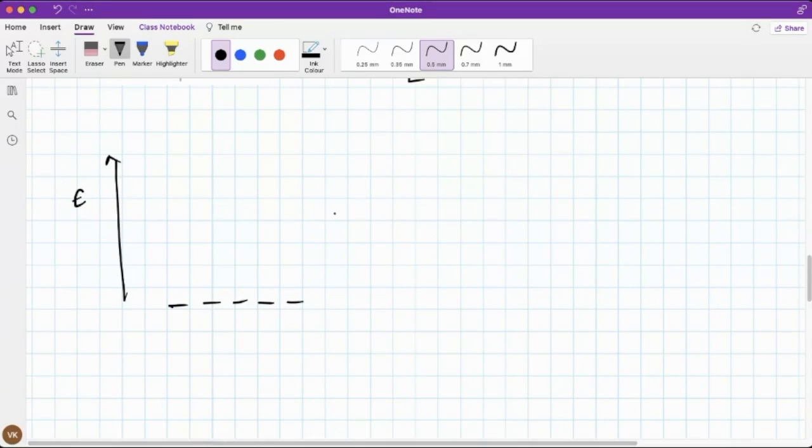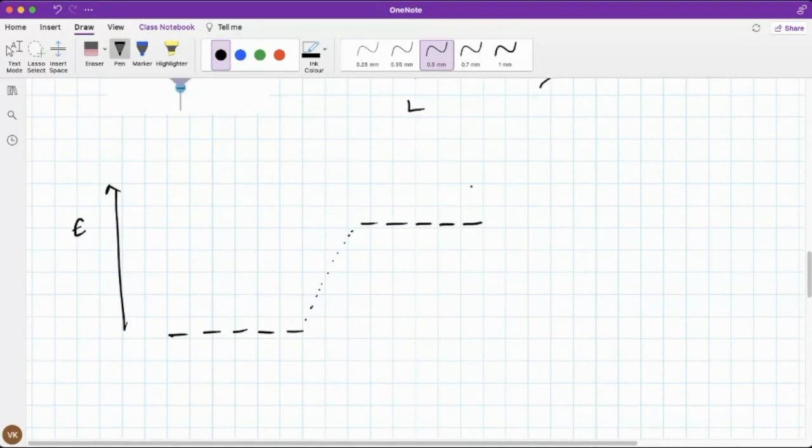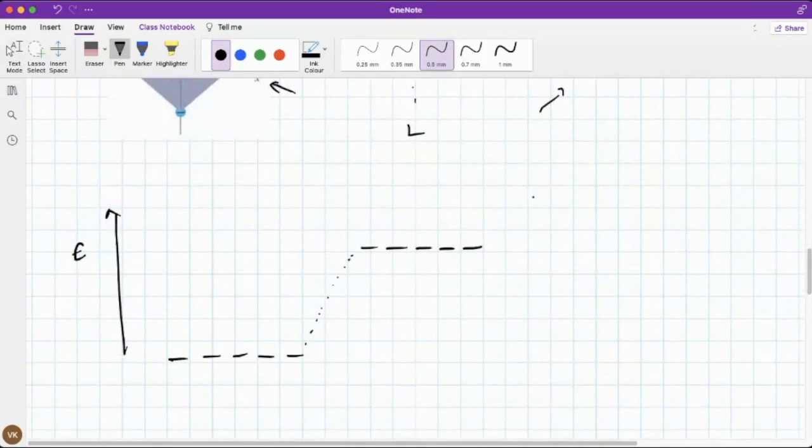Now when the ligands approach, what happens? The total energy will increase initially. When they come very close, the orbitals along the axis will see more repulsion, and because of that the energy of these two orbitals along the axis will increase, whereas at the same time the energy of the orbitals in between the axes will decrease.